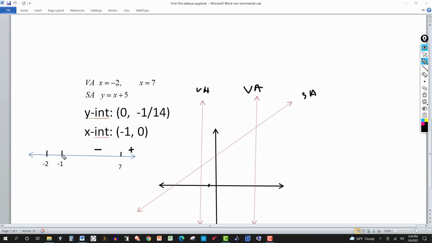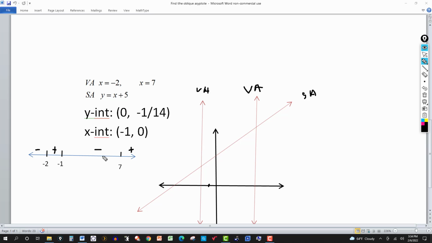Plug it into your function. In here, the value of the function is positive. Then to the left of negative 2, we'll pick any number there. I want to make it easy, so pick a number close to negative 2, say negative 3, and plug it into the function. And right here it's negative.